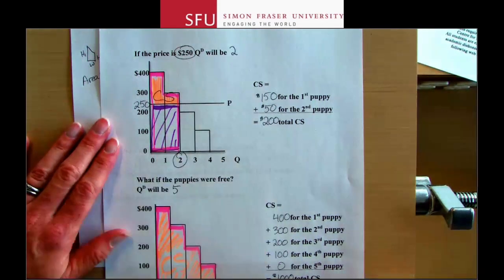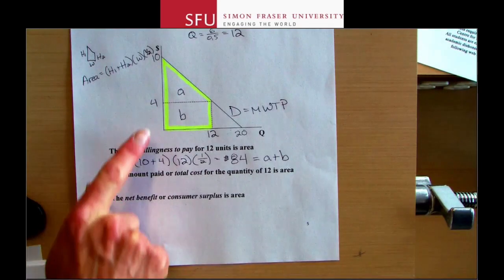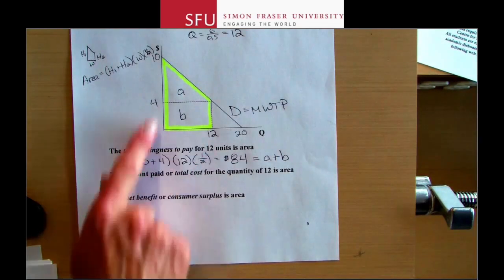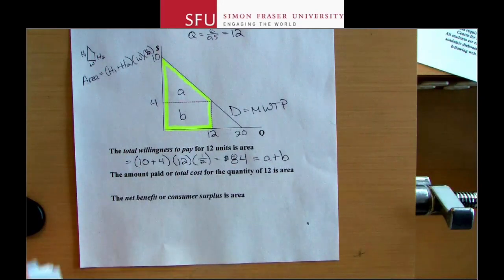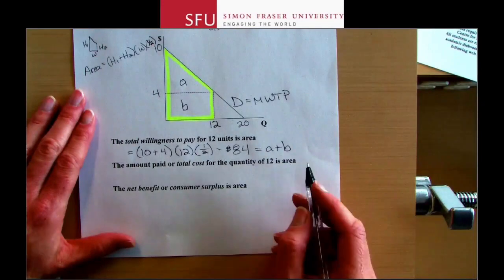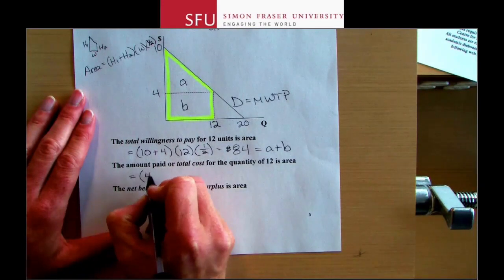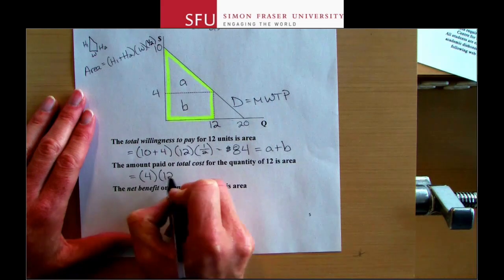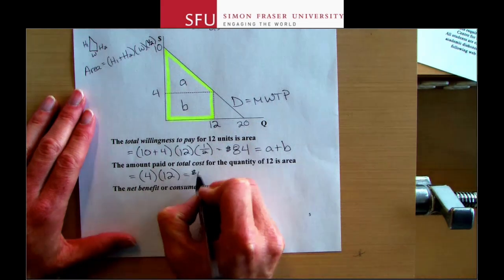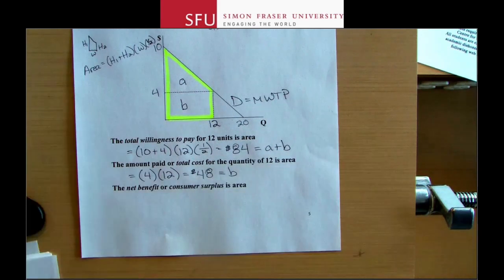That would be the cost for the consumer. So that will be price times quantity. So 4 times 12, so that would be area B. Okay, so the amount paid, or total cost, that's area B.